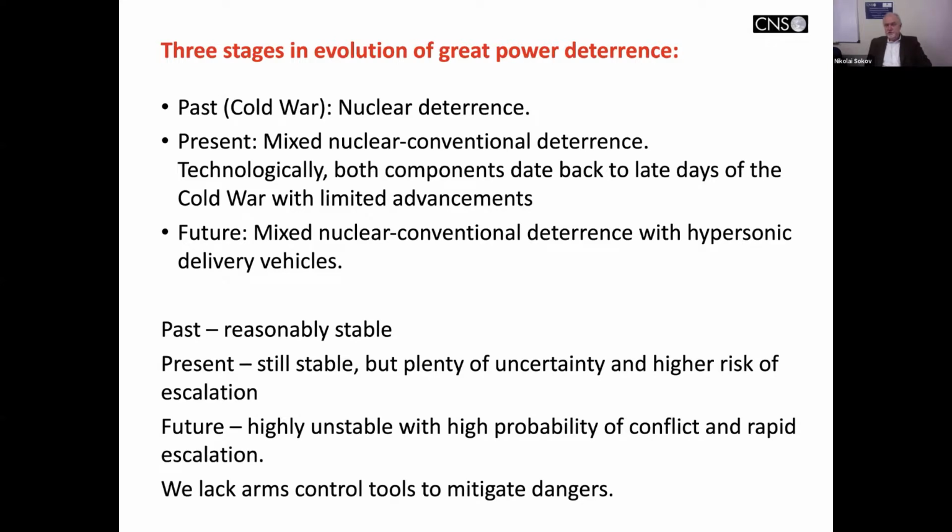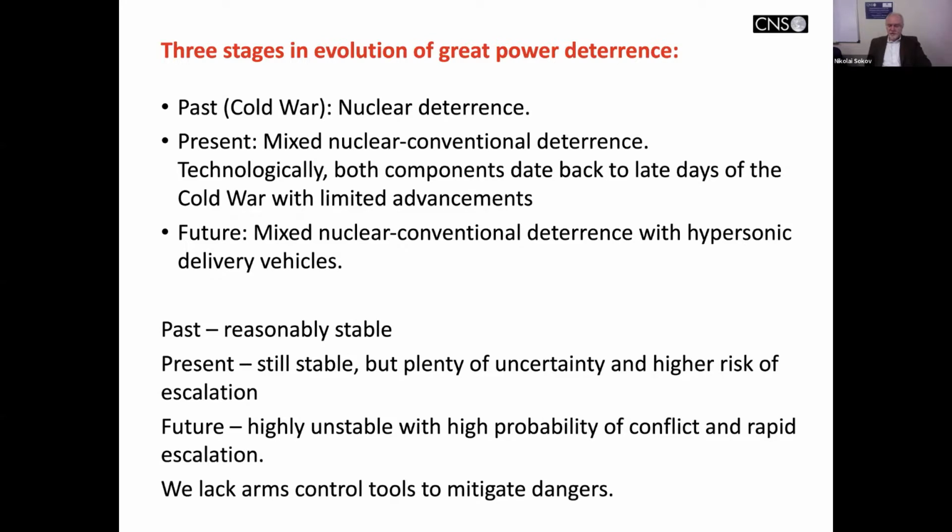Basically, parties are no longer as afraid of a small-scale conventional conflict as they used to be in the past. But even a very small conventional conflict can escalate to nuclear level. And the future is highly unstable because we do face a transition in technology.